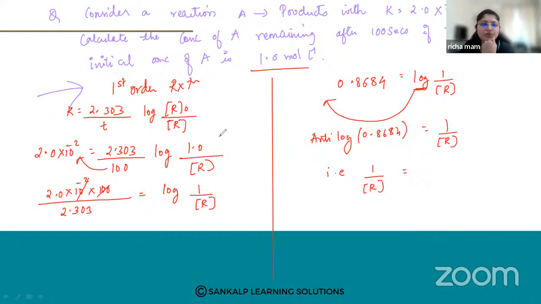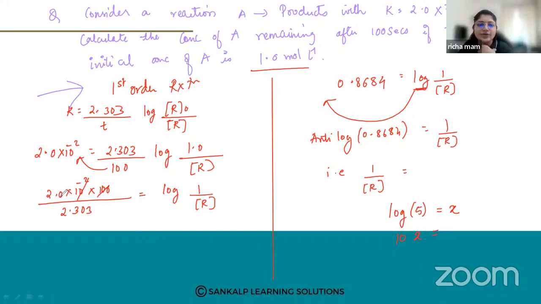So how to take the anti-log? You have to raise the base. If log of 5 is x, then its anti-log will be 10 raised to x.